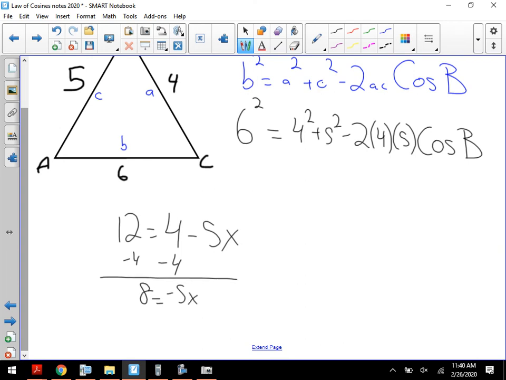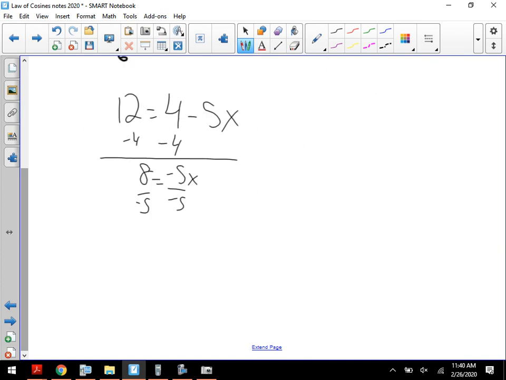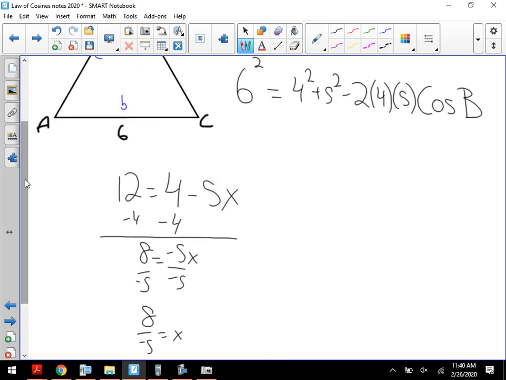Then what would you do? Divide by negative 5. And then you'd get some crummy decimal where you'd leave it as a fraction, right? Now, I can't write that as negative 1x, can I? No, they're not the same.